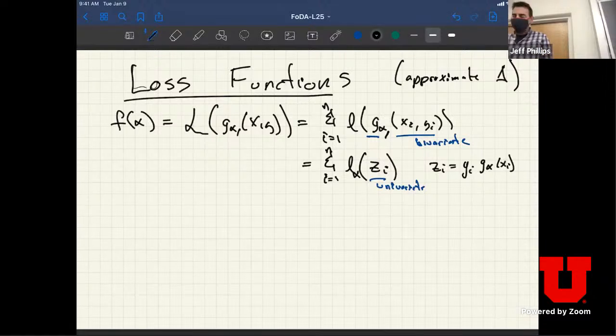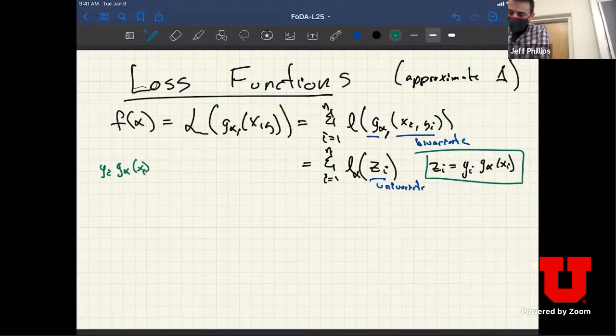Okay, this trick is actually so pretty cool. So let's look at this guy here. What's going on here? y_i g_alpha(x_i) is going to be greater than 0 if y_i is less than 0 and g_alpha(x_i) is less than 0, right?